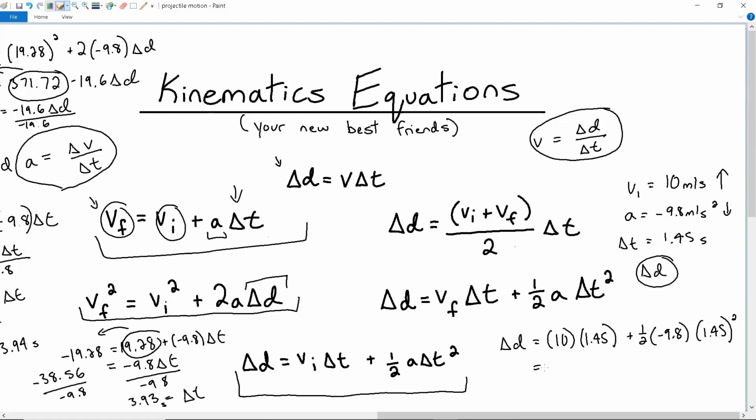And then here we just have to be careful that we are following BEDMAS. So we want to square our value first here, and then start multiplying everything together.